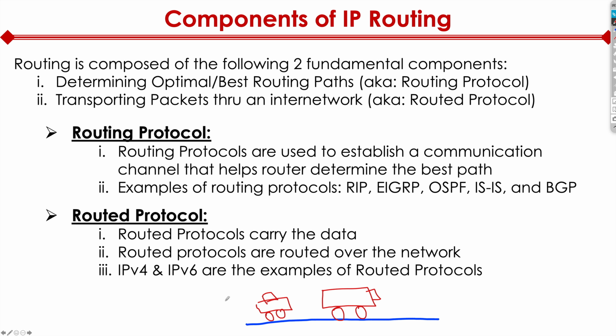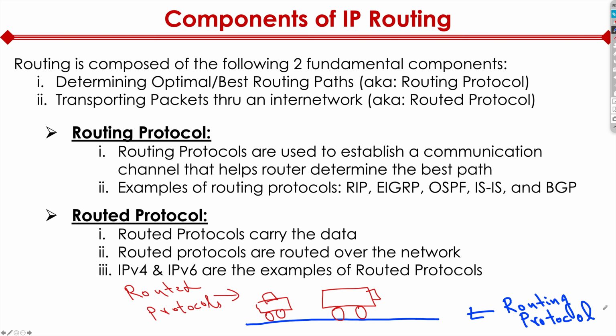Those vehicles you can consider as the routed protocols, whereas the road itself could be considered a routing protocol, because the road is what's providing the communication path, the transportation path. If you want to go from San Jose, California to Chicago, Illinois, the path you take is the routing protocol. But the vehicle that you're using to get there is the routed protocol. So hopefully this kind of crystallizes the concept in your head a little bit.